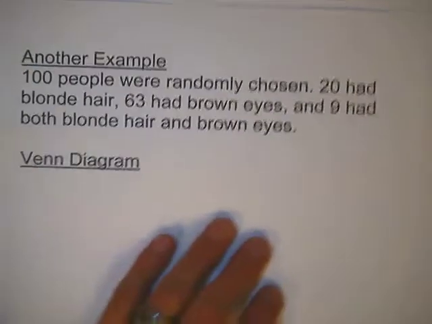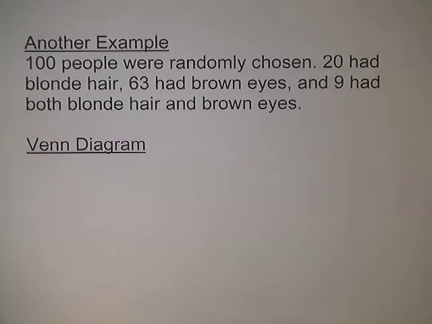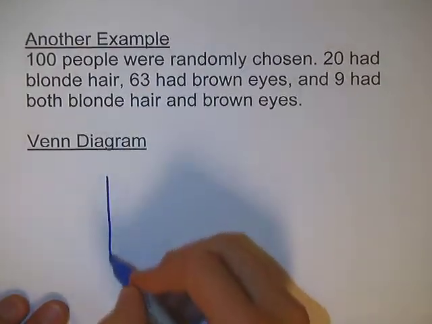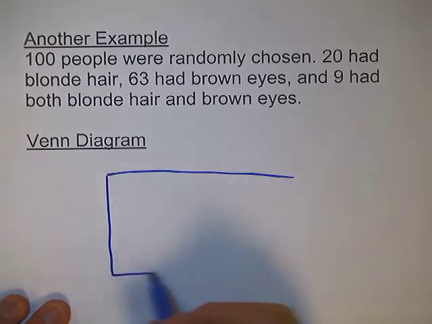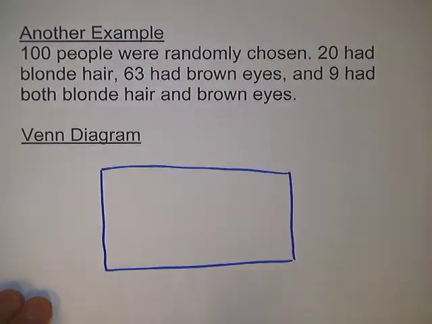Let's take a look at another example here, and we're going to make another Venn diagram. 100 people were randomly chosen. 20 had blonde hair, 63 had brown eyes, and 9 had both blonde hair and brown eyes. If we're going to represent that with a Venn diagram, again, I draw a box here to represent the sample space, a rectangle.